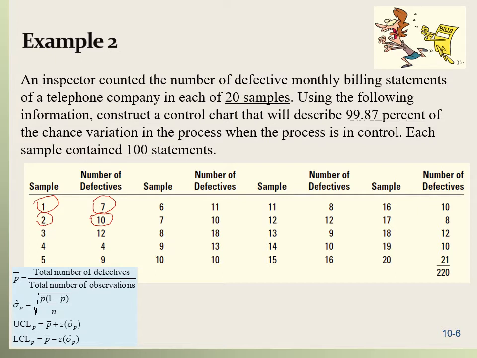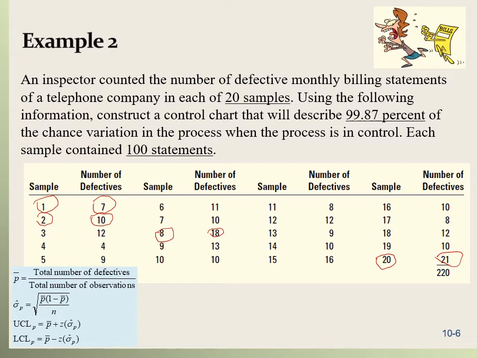Sample 8 has 18 defective statements, so that means 100 minus 18, that's 82 correct statements. And sample 20 has 21 defective statements, so that means 79% of it is correct.